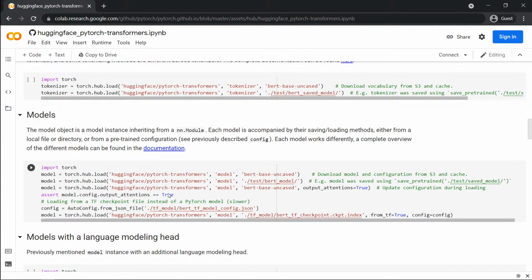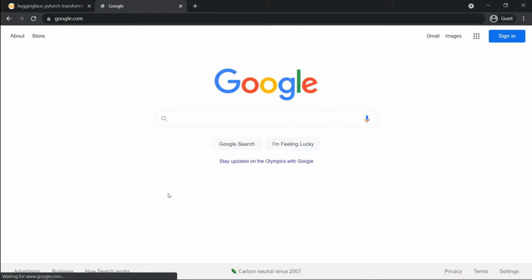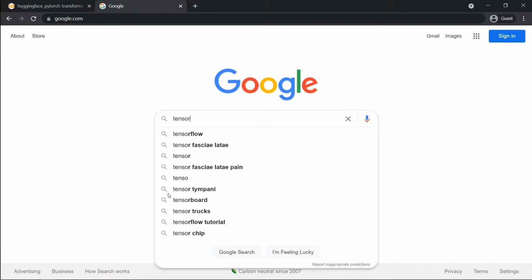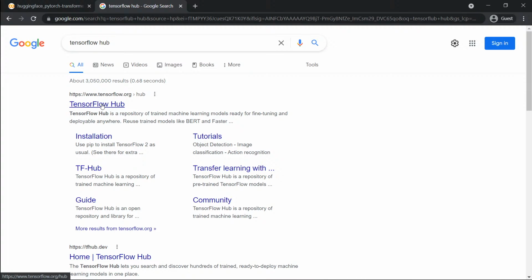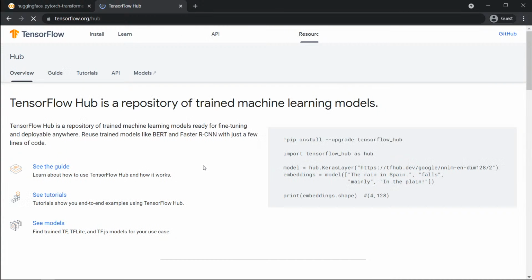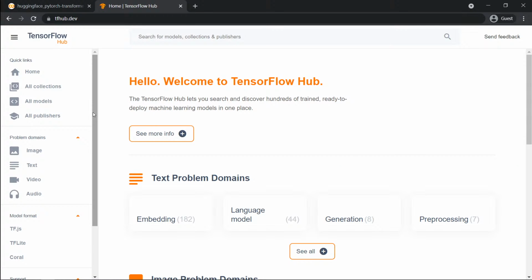What if you go to TensorFlow Hub? Whoa, spell it correctly too. Models, text problem domains.